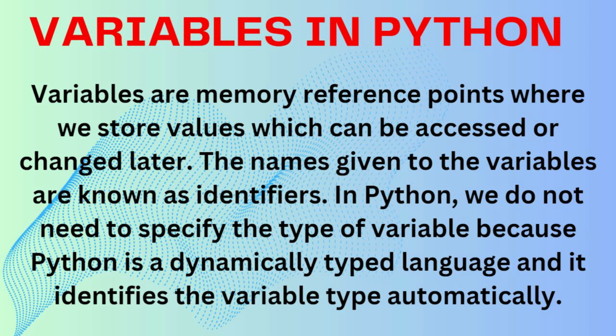The names given to the variables are known as identifiers. In Python, we do not need to specify the type of variable because Python is a dynamically typed language and it identifies the variable type automatically.